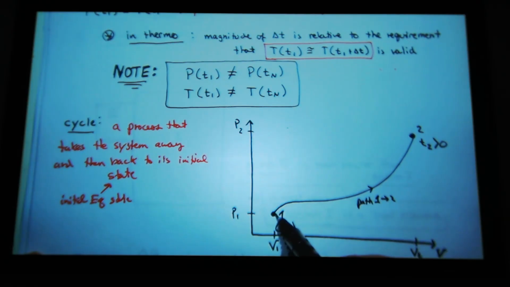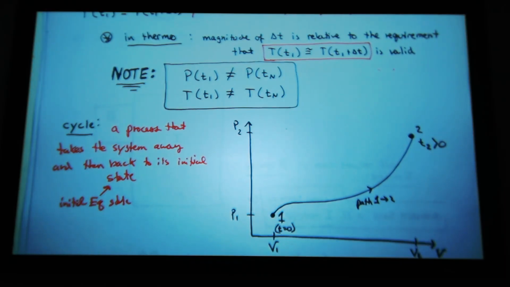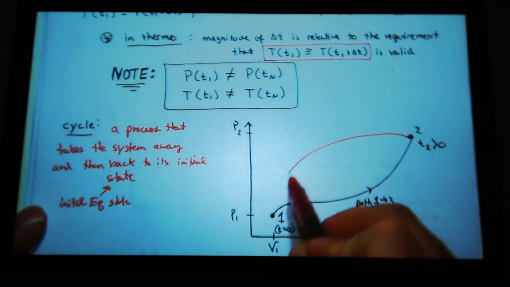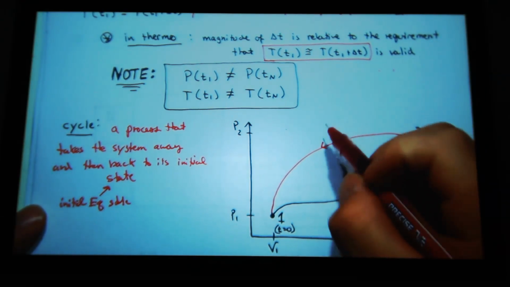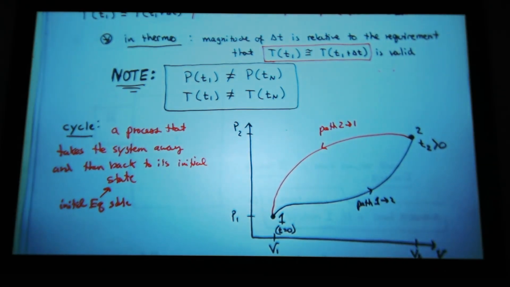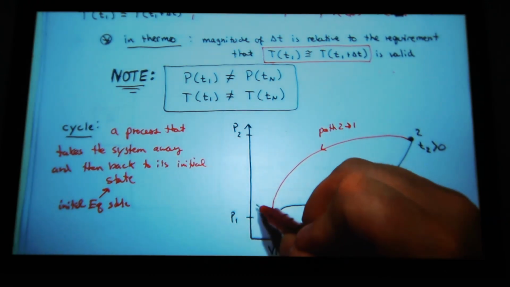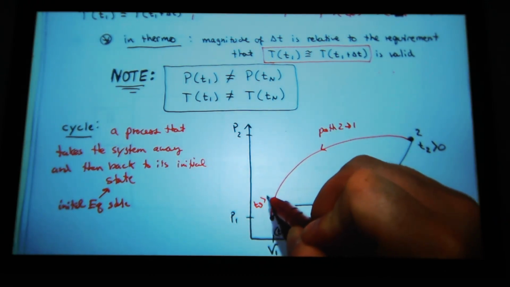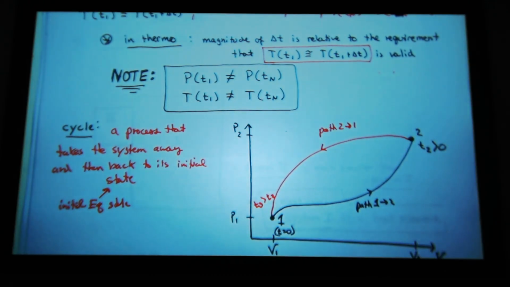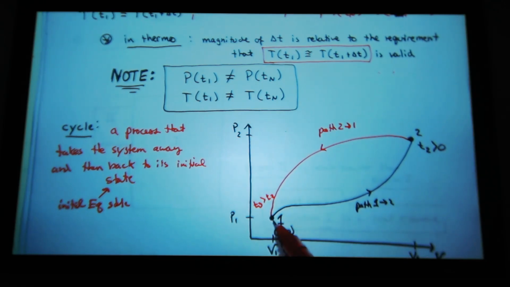So I brought it from one equilibrium state, I brought it away, and then I bring it back. I'll call this path 2 to 1. And then I'm back here at some later time, T3 greater than T2. So I went through a cycle. I'm right back to my initial state.